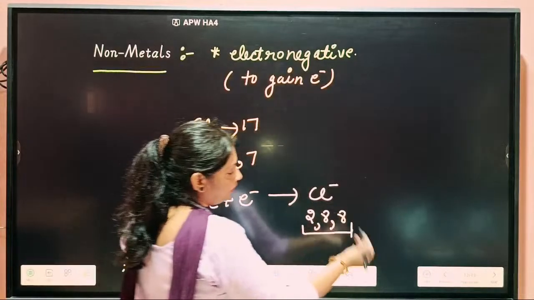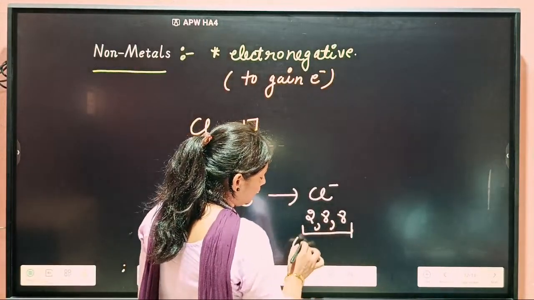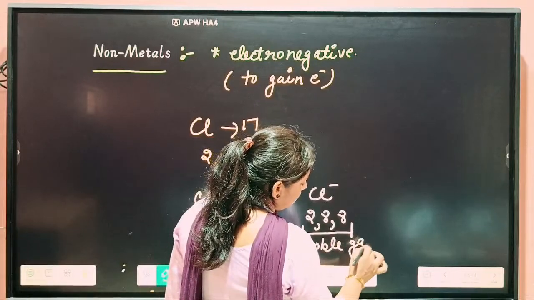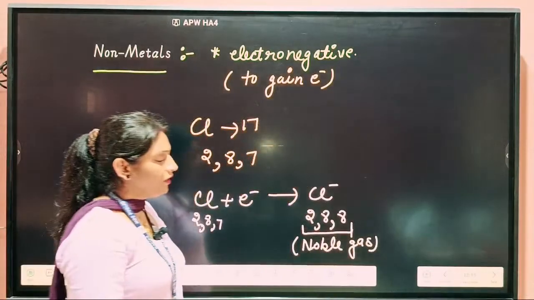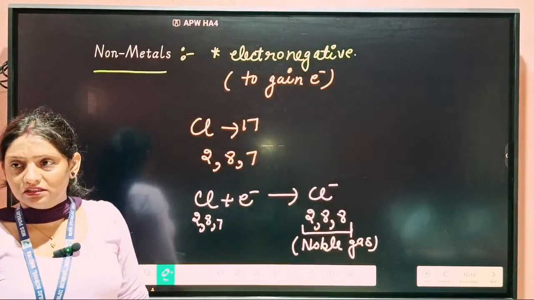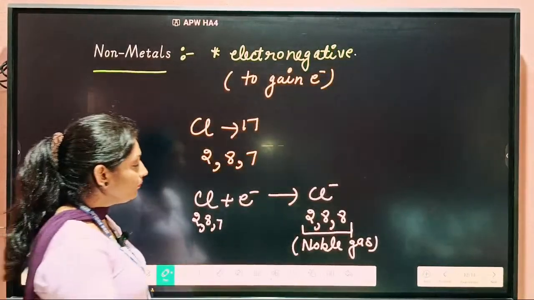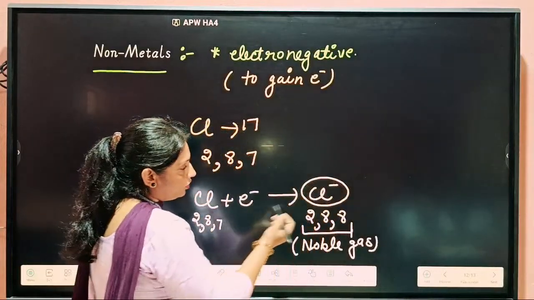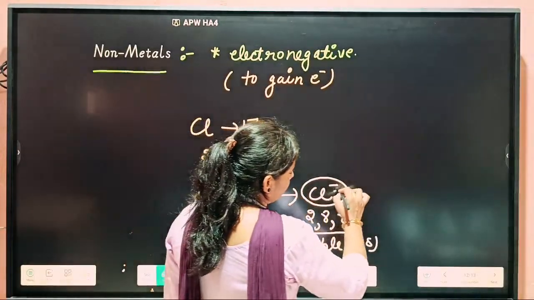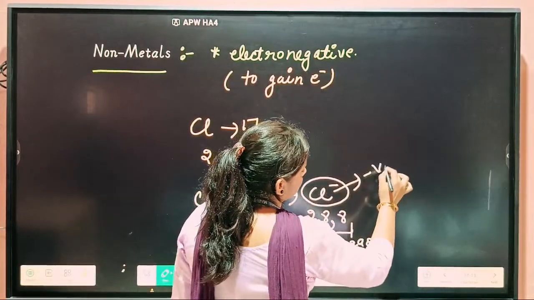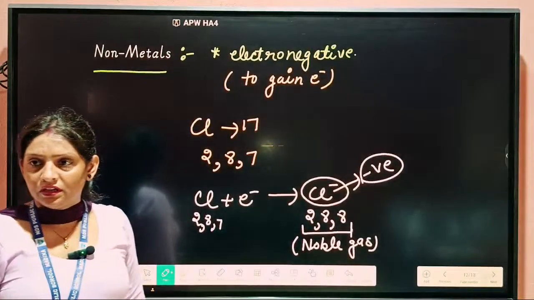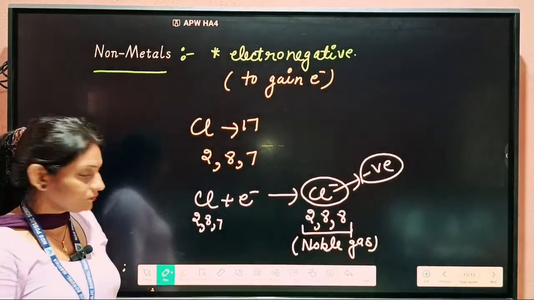So after gaining one electron, it attains the configuration of a noble gas, argon. Because it is gaining one electron, a negative charge is attained on this. So they are known as electronegative in character. Is it clear to you or not?